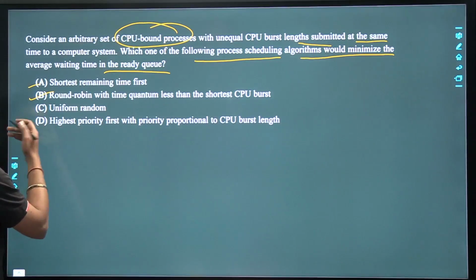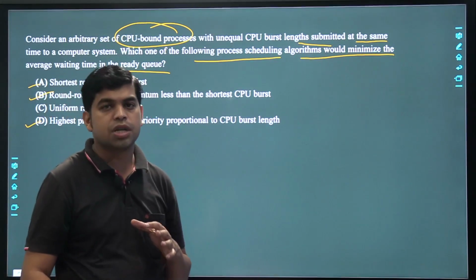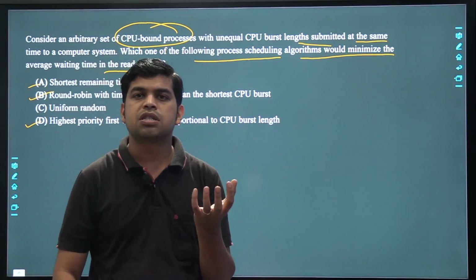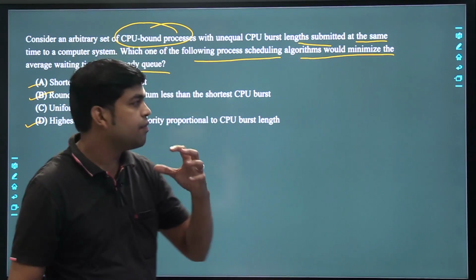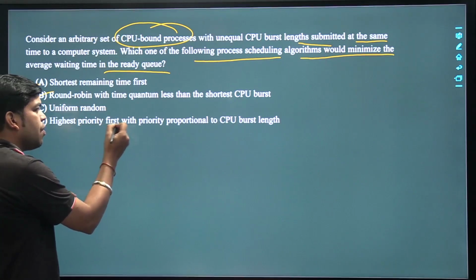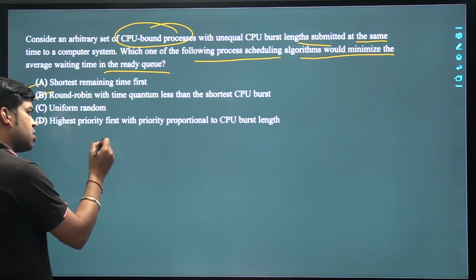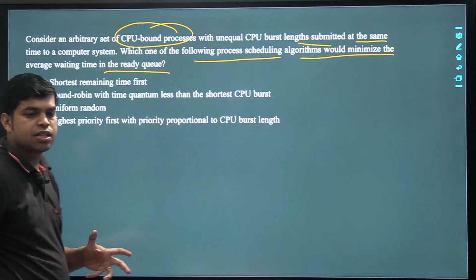Uniform random means you execute processes in a uniformly random way. And highest priority first, with the priority proportional to CPU burst length, means that if the burst is highest, then the priority is also highest. That is the meaning of this.